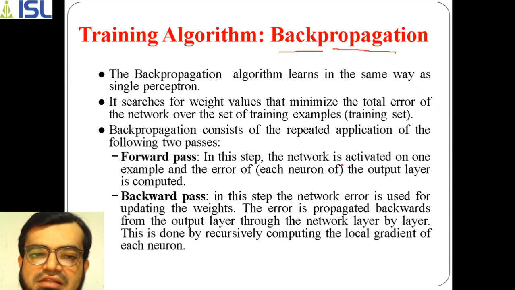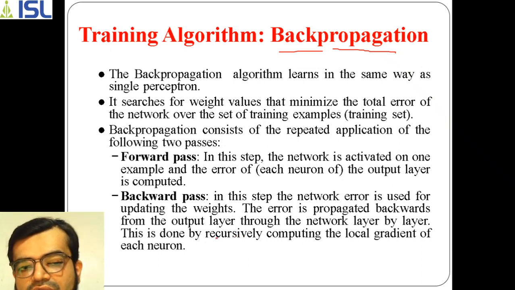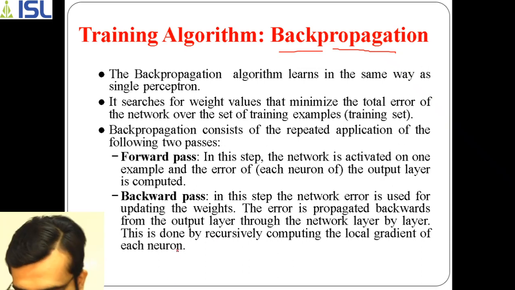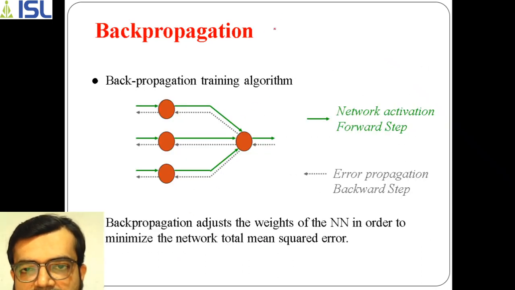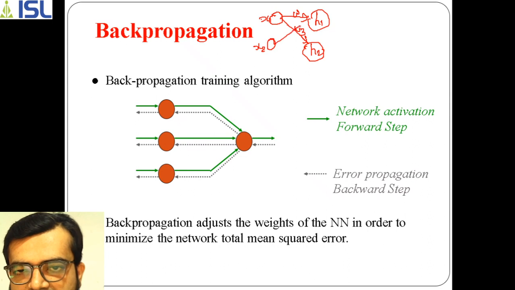Backpropagation is also like a single perceptron, but here, for example, if I take two inputs, x1 and x2, and a hidden layer with h1 and h2, with weights w1 and w3, and w2 and w4.